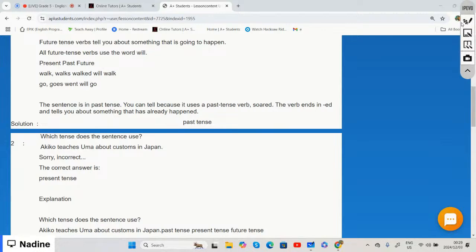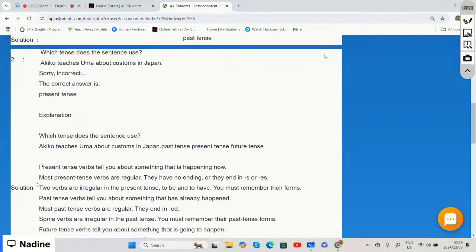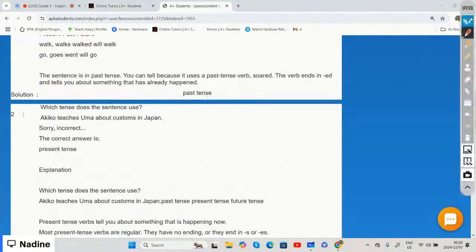The next one says, Akiko teaches Uma about customs in Japan. I'm going to underline this word, teaches. If you look at the verb teaches, does that show it is in the present? Is that in the past?